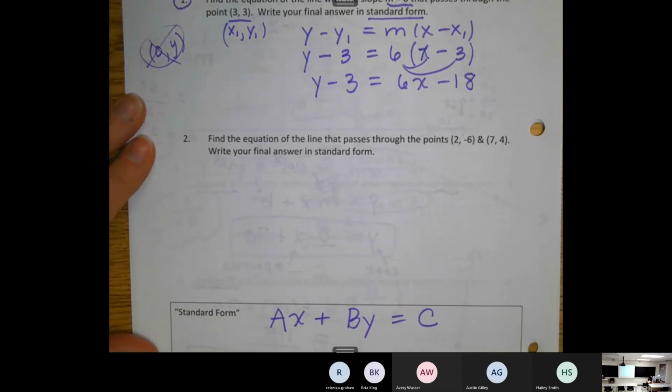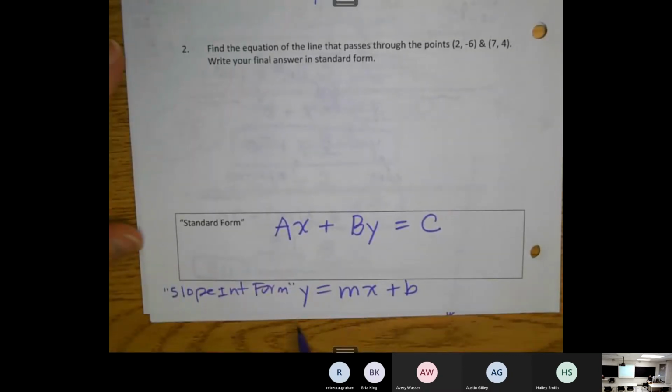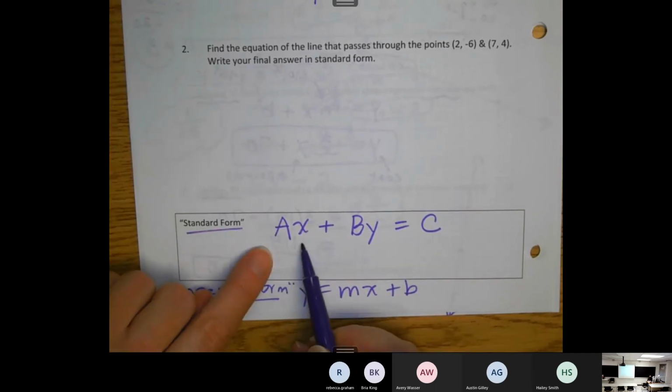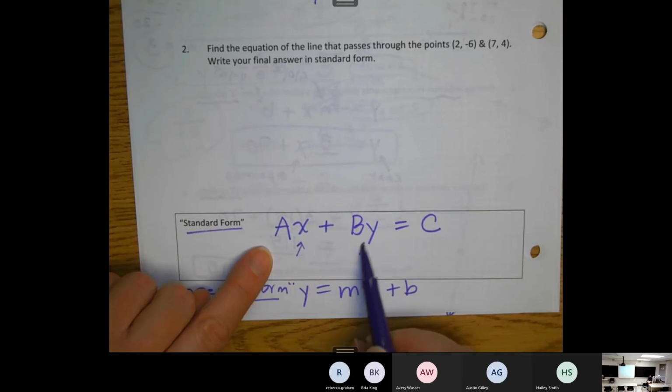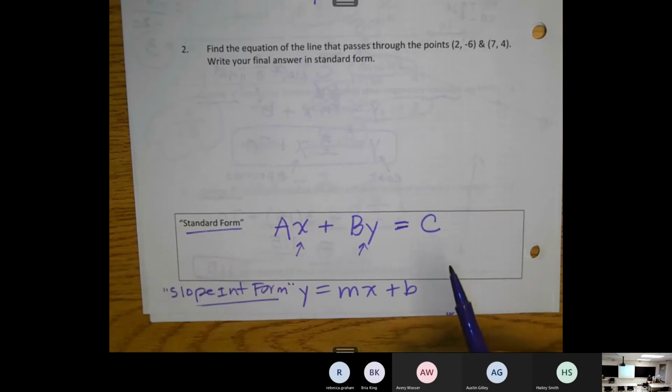That was our slope-intercept form. So those are the two ways we might be asked to write answers at times, slope-intercept form or standard form. What they asked for this time is standard form. So let's make sure we put our x and our y both over on the left side of the equal sign. And then any extra numbers we have will stay on the right.